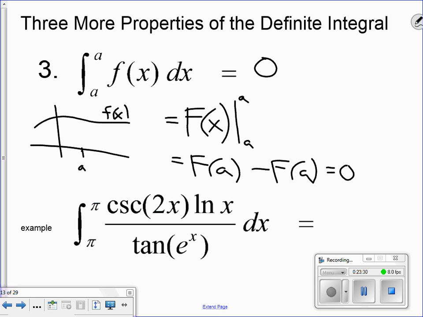That's what this property is saying, that whenever the lower and upper limit of integration are the same number, it'll be 0. I don't think this one has a name.